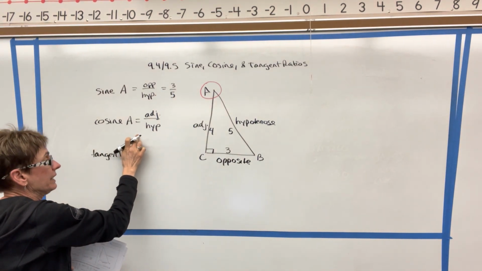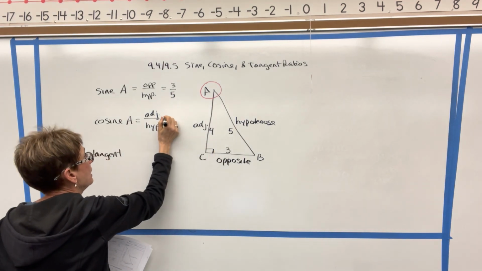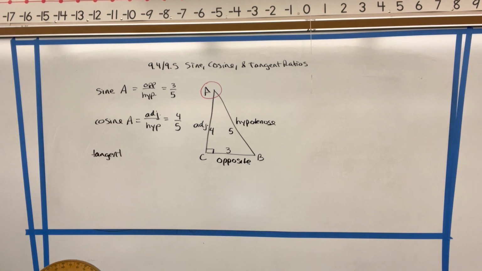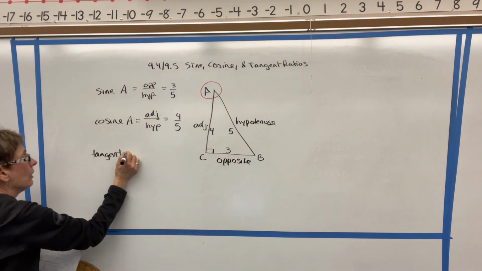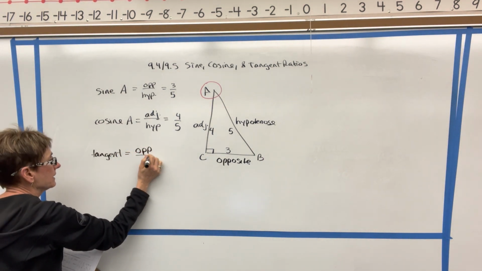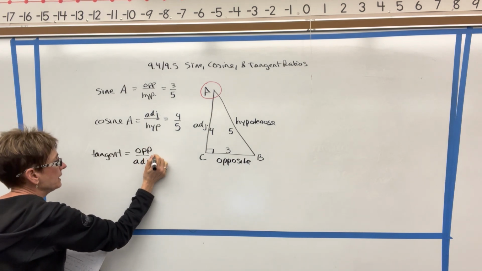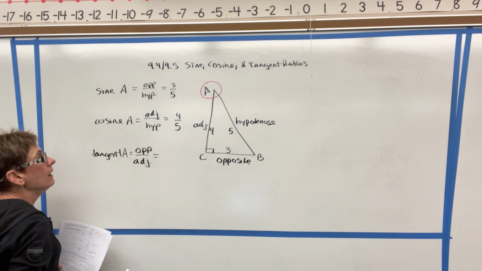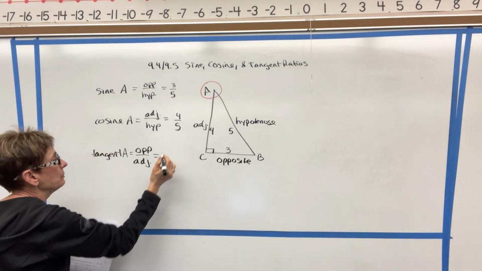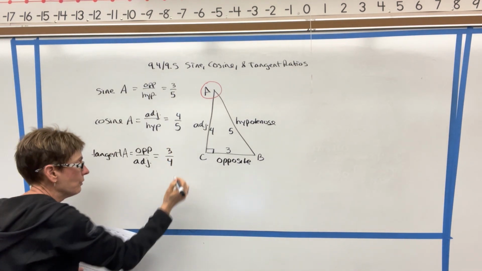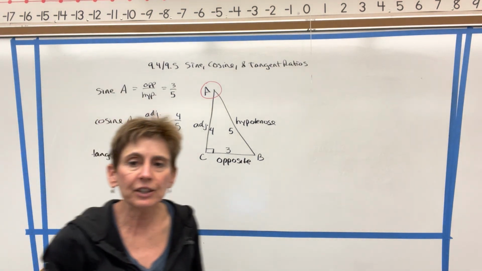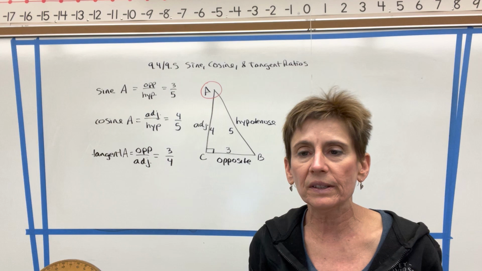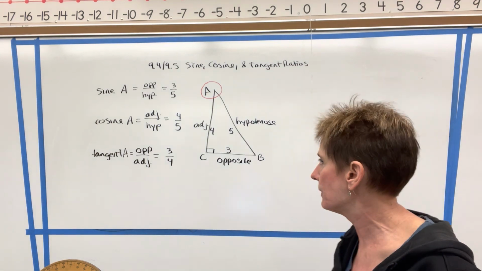So cosine of A is adjacent over hypotenuse, which in this case would be 4 over 5. Now, tangent means opposite over adjacent. For this particular triangle, the tangent of A, opposite over adjacent, would be 3 over 4. So a trig ratio sounds really fancy, but it's basically just a fraction where you take one side of a triangle and divide it by another.